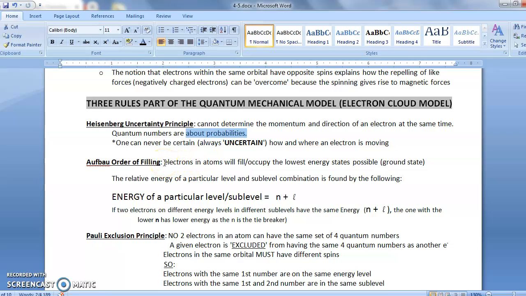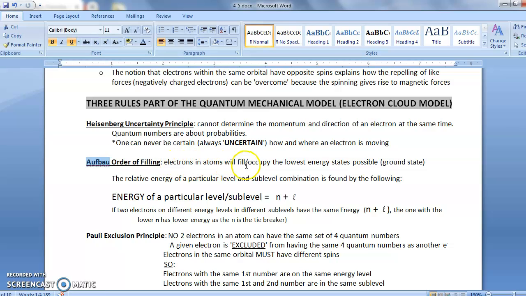We mentioned that electrons try to occupy the ground state. The ground state is the lowest energy possible in the atom. Everything wants lowest energy in the universe. So electrons seek to have the lowest energy. The Aufbau order of filling. Aufbau is a German word meaning building up principle. So electrons automatically will try to go to the lowest energy level first. That's the first level.